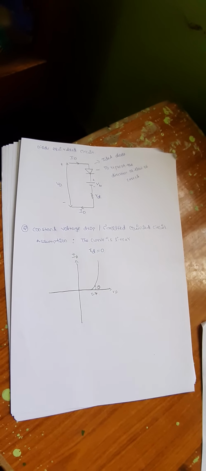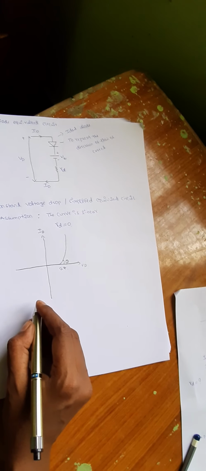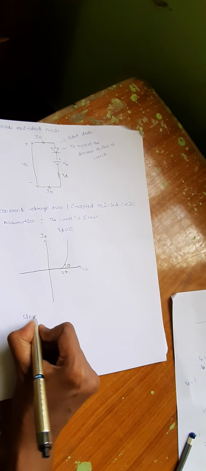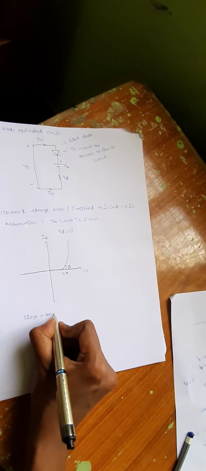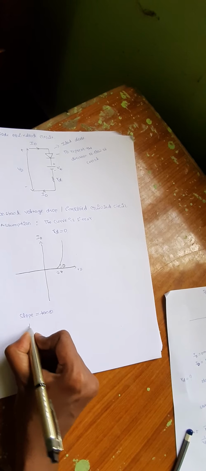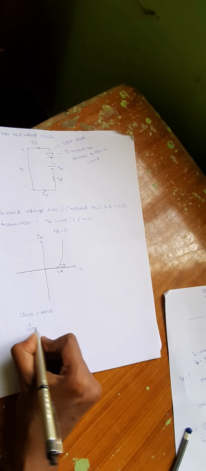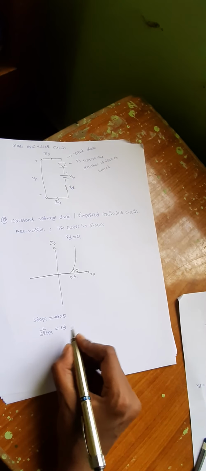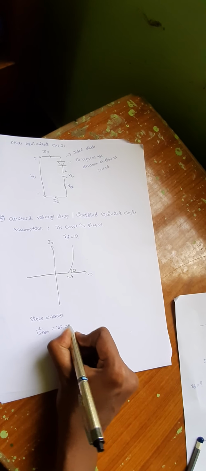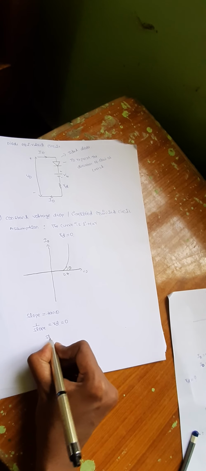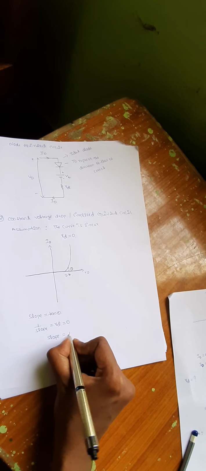So we know that slope is equal to tan theta. So 1 by slope will give rise to RD. In the previous part we saw RD, so this RD is equal to 0. RD equal to 0 means the slope is equal to infinity, right?